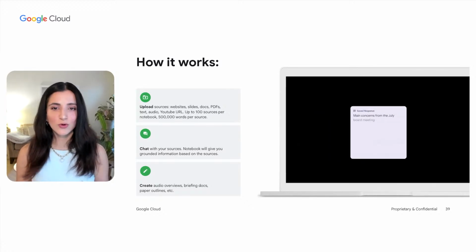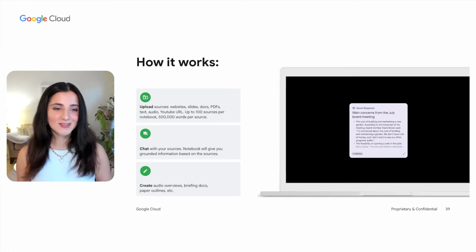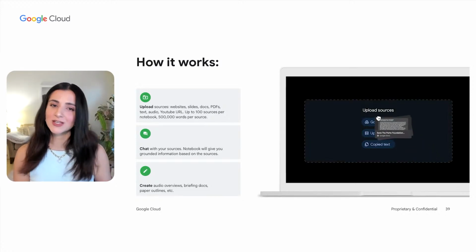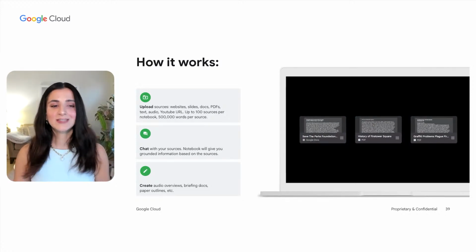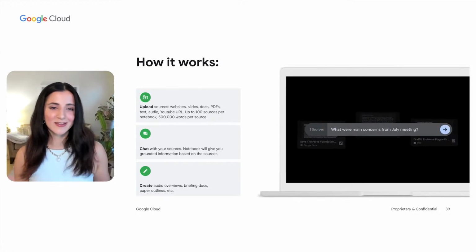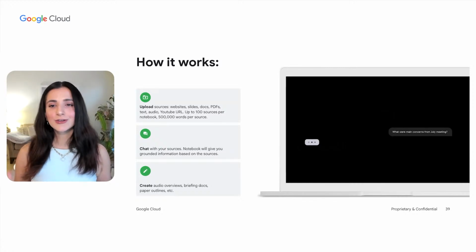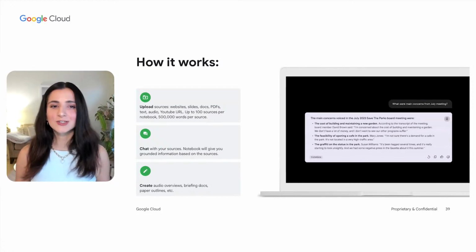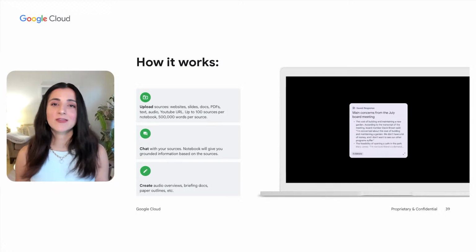So the response will include a citation, basically a link to where that information came from in your big database of information. In addition to chatting, you can do things like creating those audio overviews I talked about. That's kind of like that automatic podcast feature. You can create notes, outlines, etc. It's basically a tool that helps you to learn faster from the data that you care about.